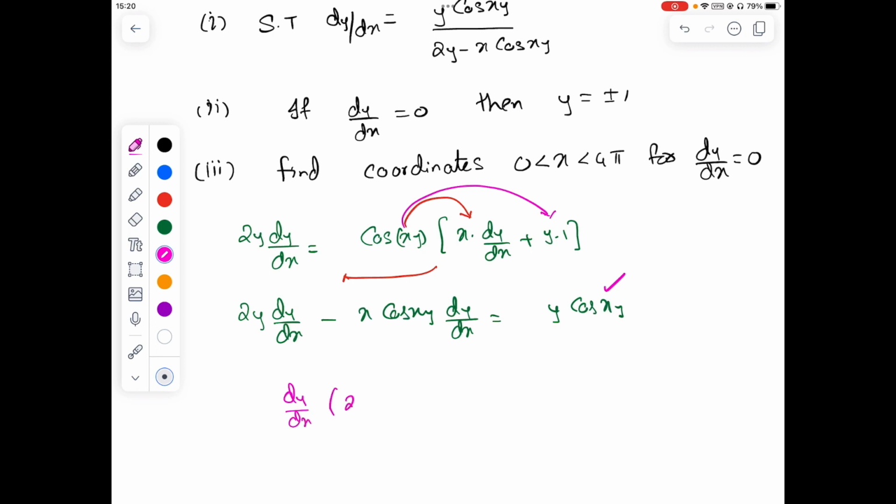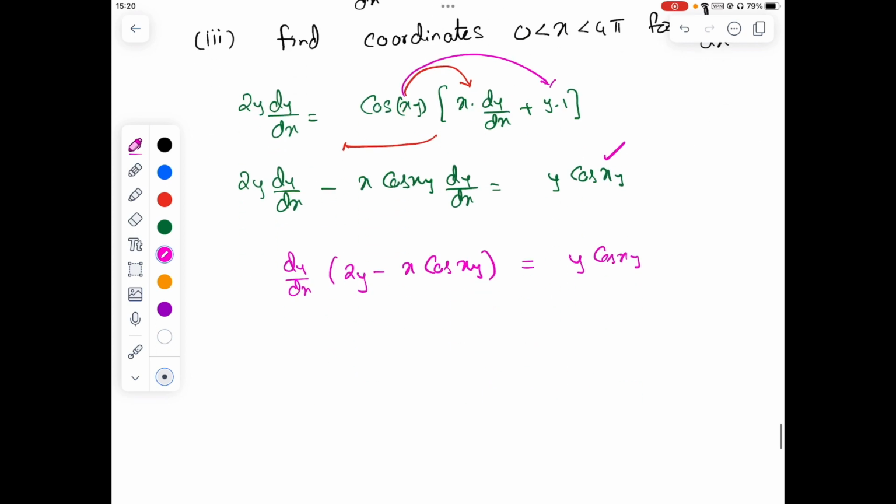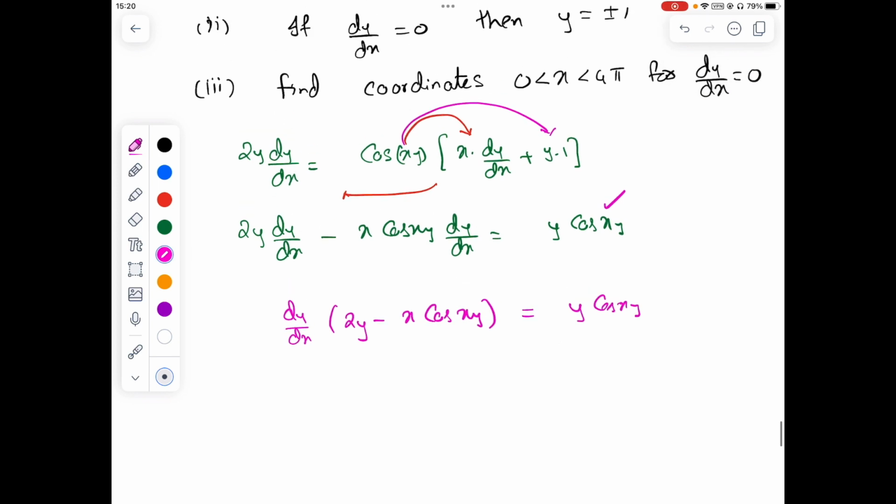So what am I left with? 2y minus x times cosine xy, equals y cosine of xy. So dy by dx becomes y times cos xy upon 2y minus x cos xy. This is going to be the answer for the first part.